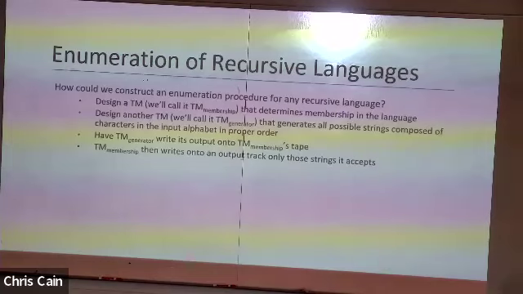All possible strings that could be, according to the input alphabet, feed those into the membership. Membership determines yes or no, they're in the language. So for any recursive language, this will just start spitting out strings that are in the language. Questions on this process?